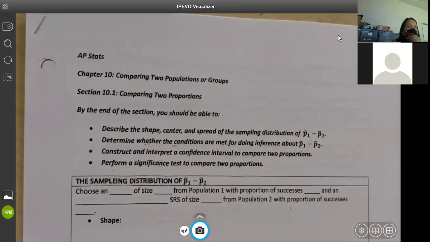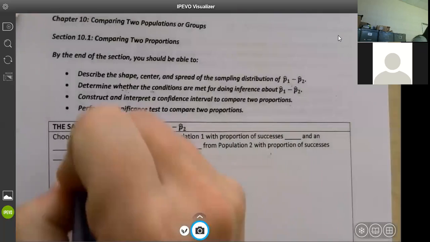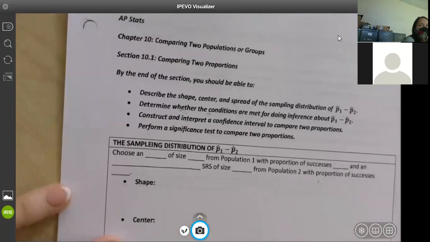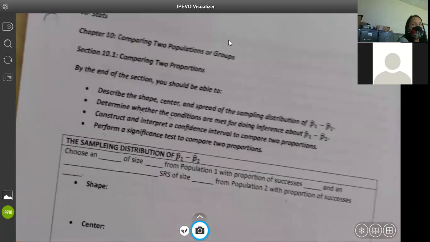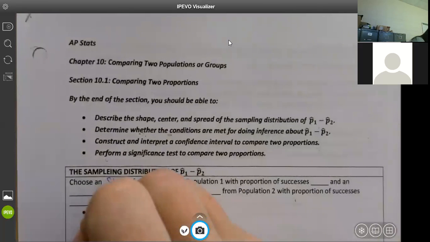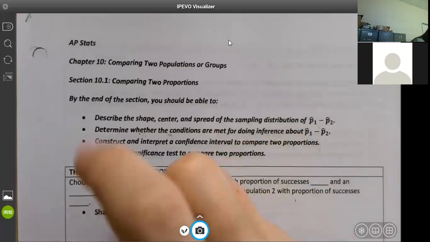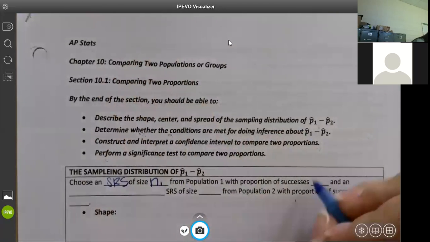All right. So 10-1 is comparing two proportions. So sampling distribution of p hat 1 minus p hat 2. And again, I told you this is like Aaron and Pete's Jeep tours where we looked at the differences, and the same thing. That's what we're going to do. So we're going to choose an SRS of size N1 from population 1 with a proportion of successes P1.